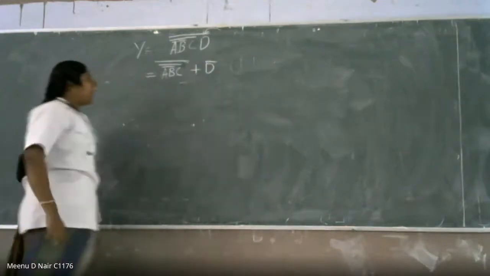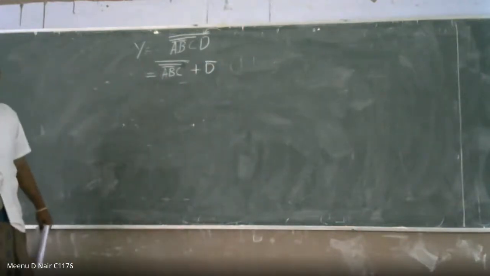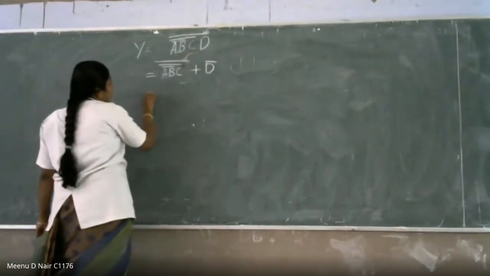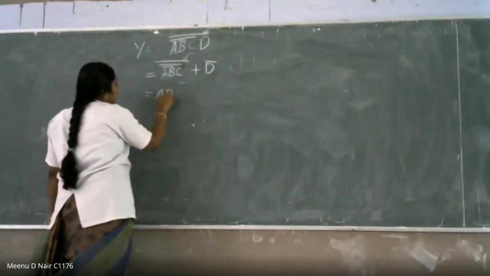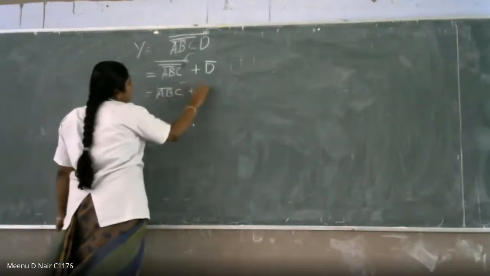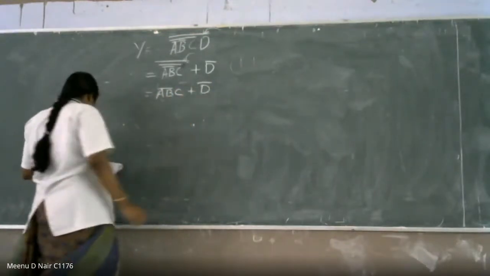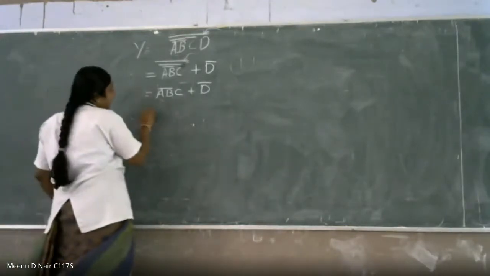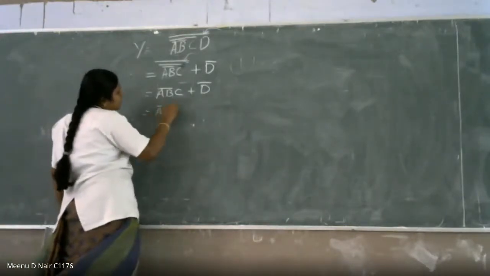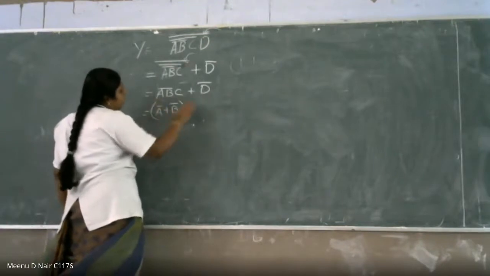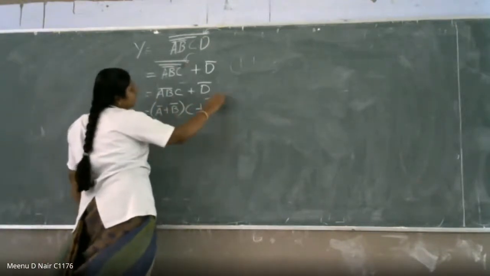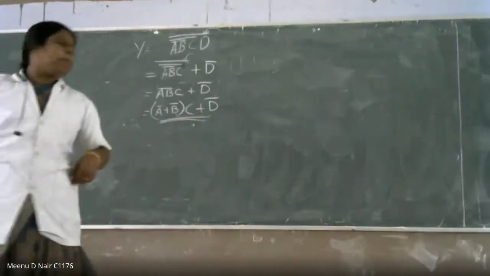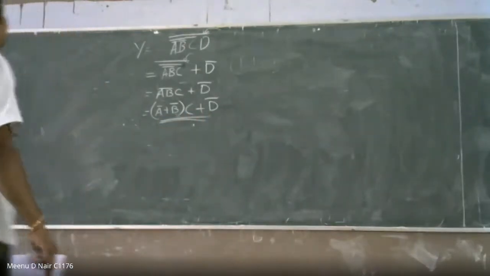This is the case of double bar, so it will be A B bar C plus D bar. So A B bar you can write as A bar plus B bar into C plus D bar. This is the answer.